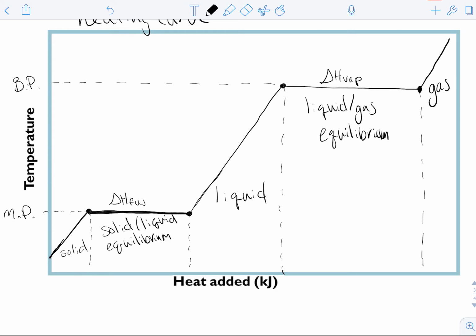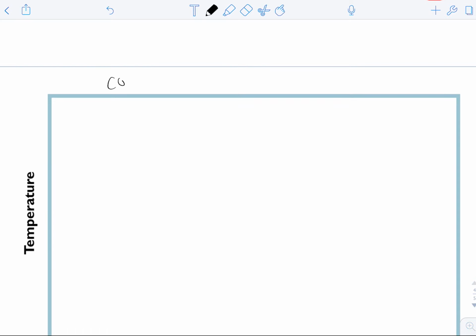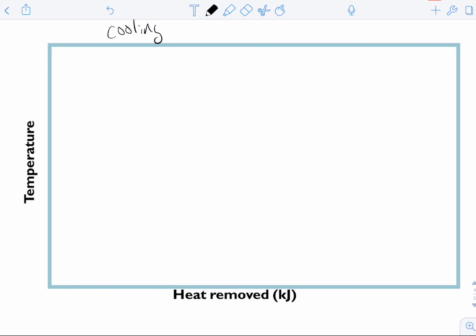Okay? You guys will be required to make one of these, so hopefully you have paid attention and know what's going on here. The other thing we can do is look at a cooling curve. A cooling curve will be the opposite, right? So we'll start as a gas until we reach our boiling point. So our gas, this is our boiling point.